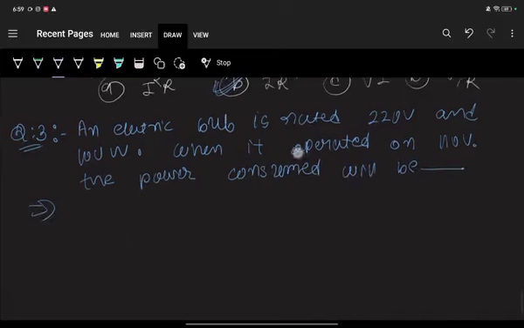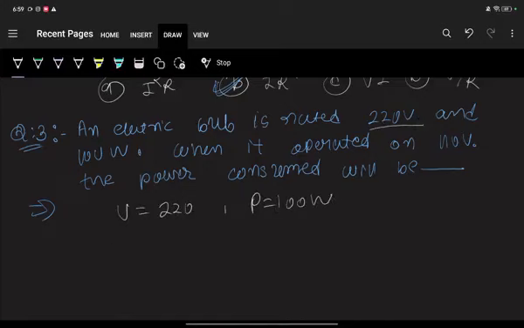Give me the answer quickly. 50 watt. That is the correct answer. Your data is given: voltage is 220 volt and power is 100 watt.